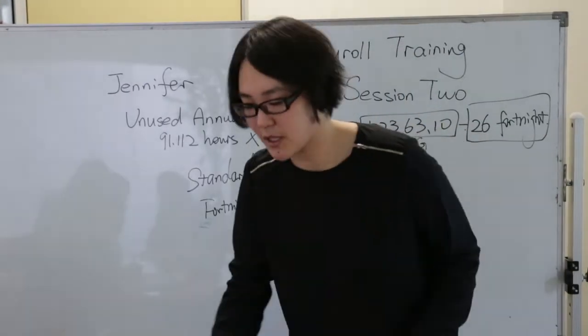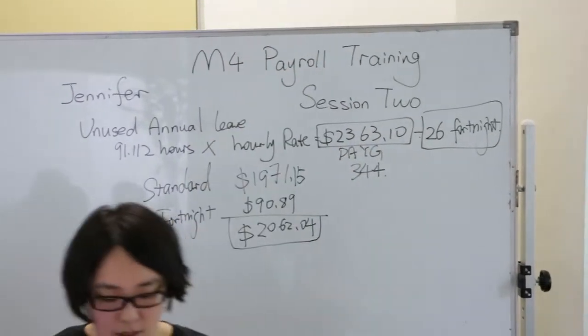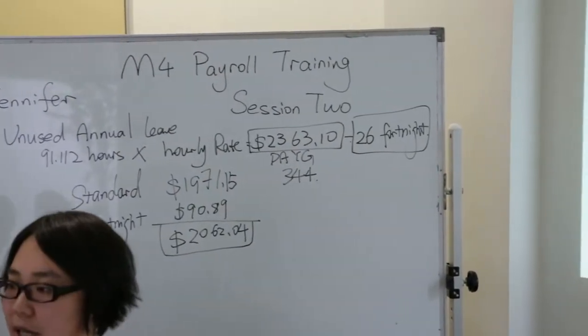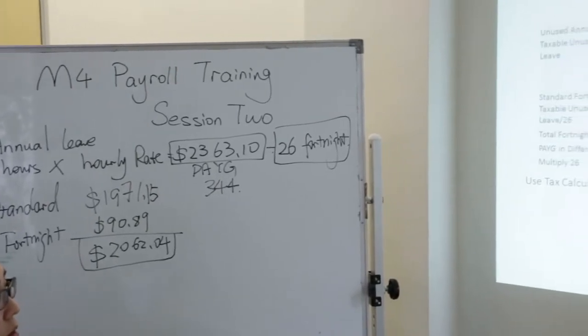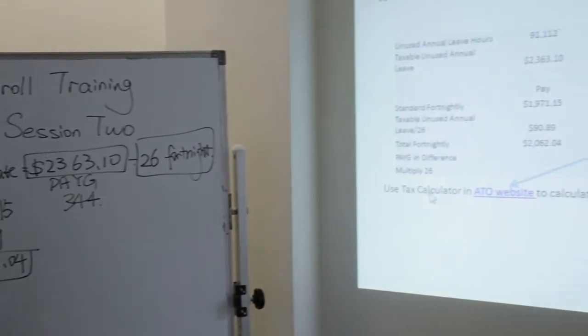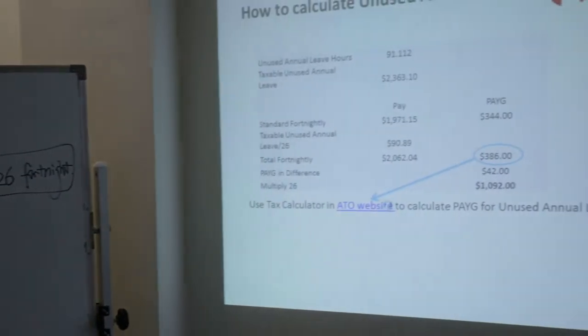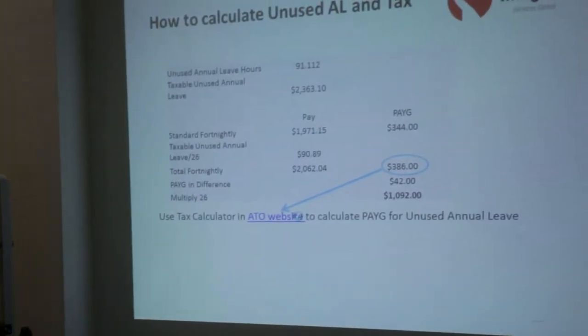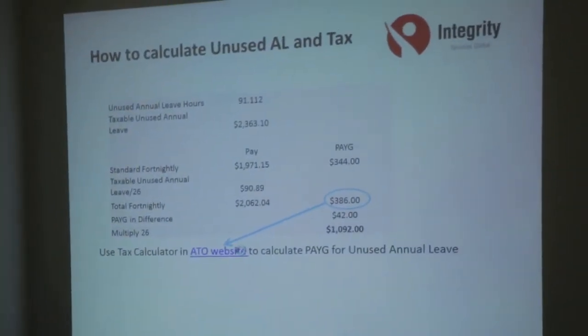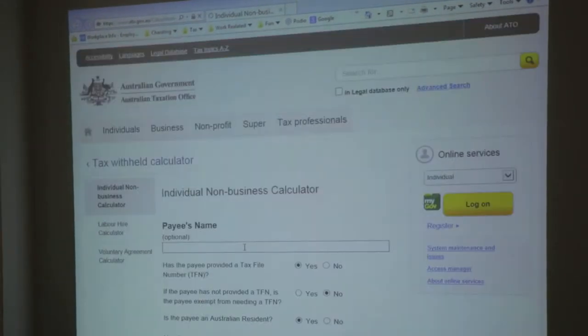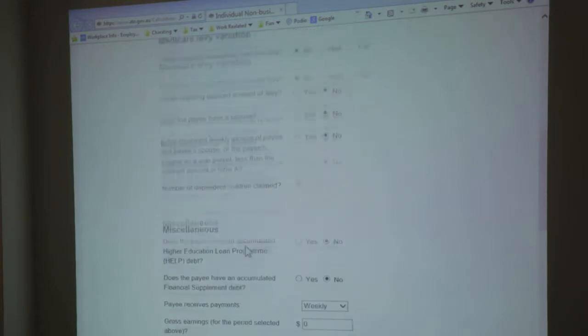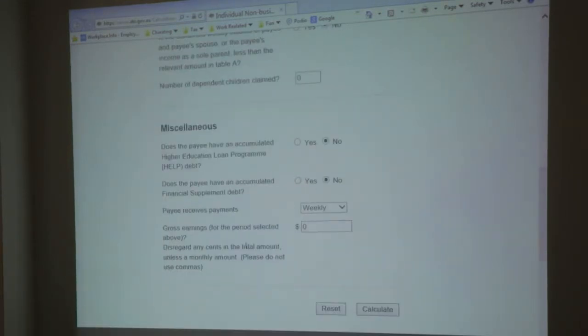And there's a website on the ATO website. You can do the PAYG calculation. So there's a tax calculator on the ATO website. In this website, you can double check the PAYG calculation.